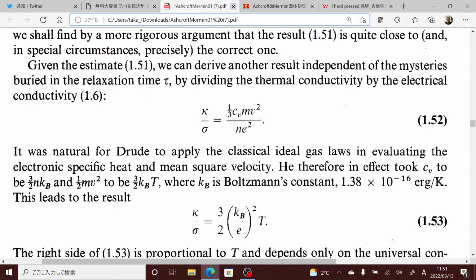It was natural for Drude to apply the classical ideal gas law in evaluating the electronic specific heat and mean square velocity.